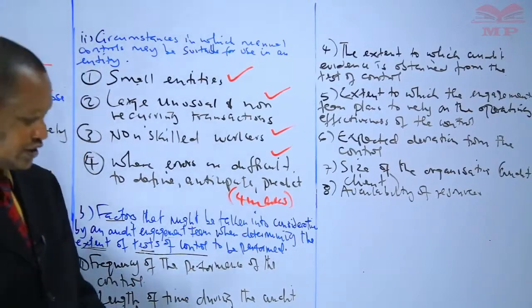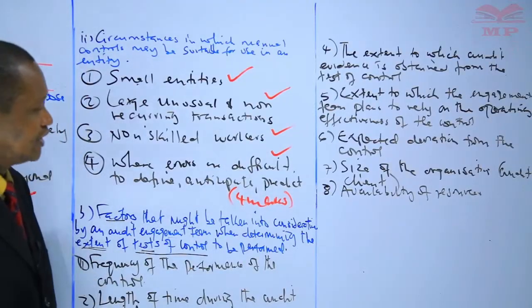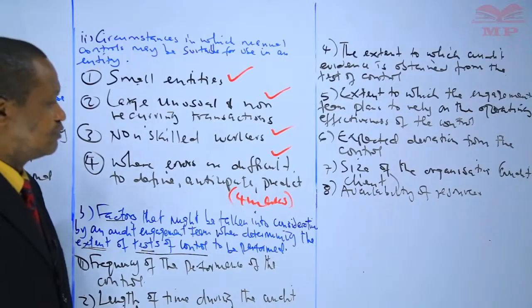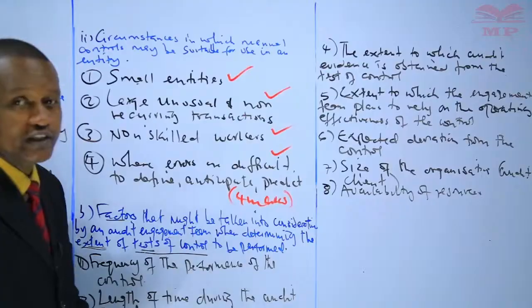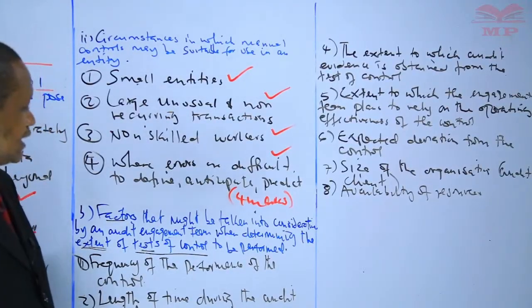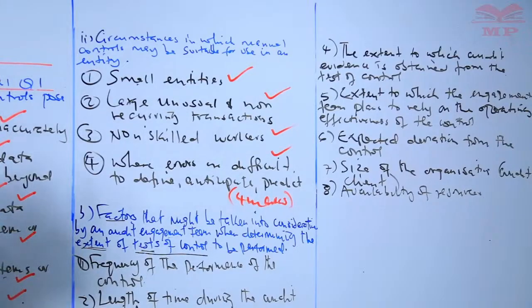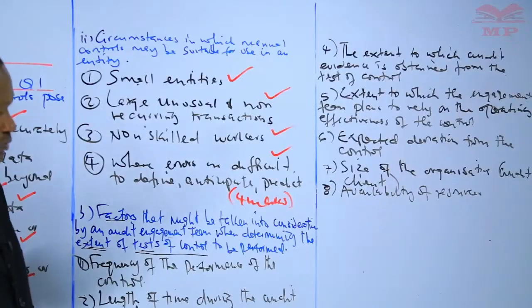If there are no sufficient resources, then the tests will be few. If the resources are available, then the company can perform many tests of control. So availability of resources is an obvious factor to consider by an audit engagement team when determining the extent of tests of control to be performed.